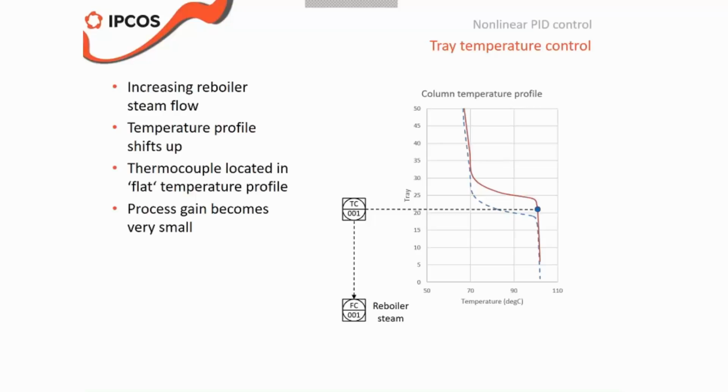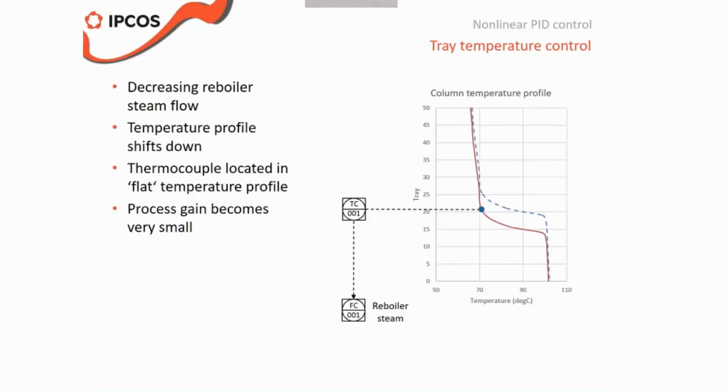If the temperature profile shifts too much up or down, then basically the response is dead. It doesn't respond to steam anymore. And that's a bad thing for the PID loop, because the PID controller always assumes a linear process response, which is not the case in this situation.